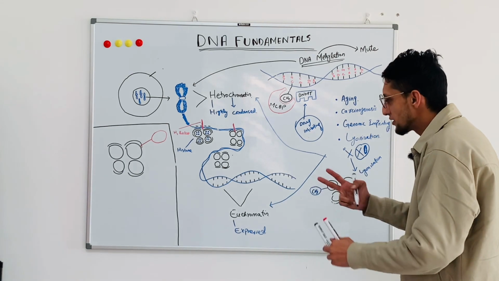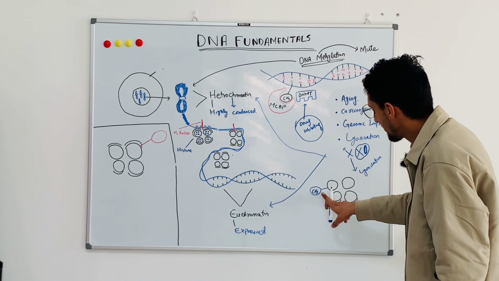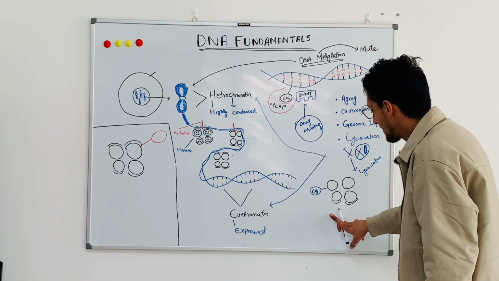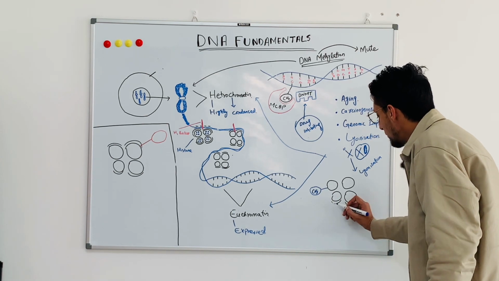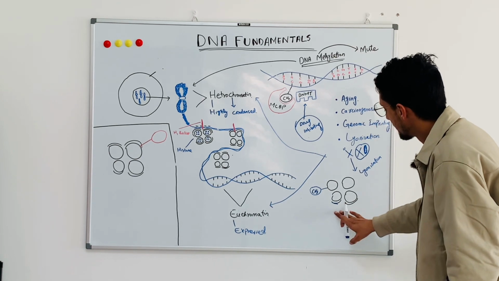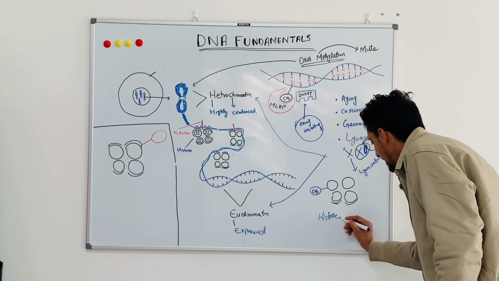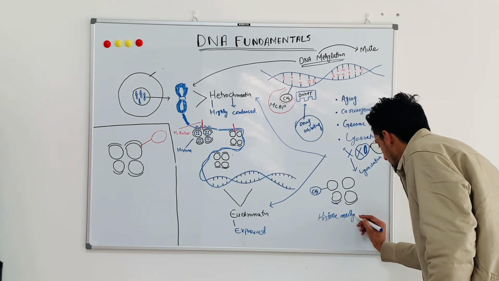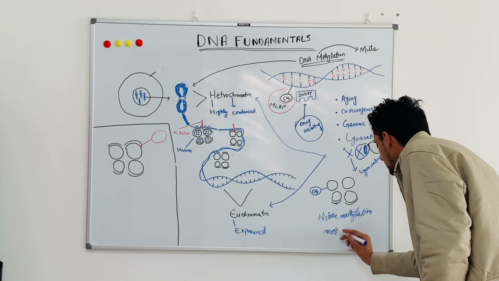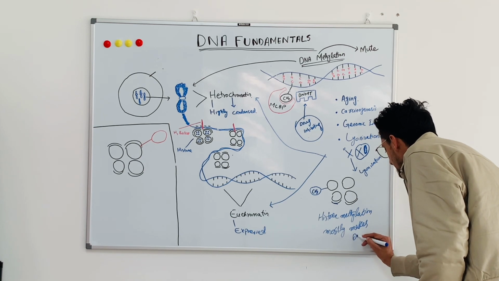So it does two processes: reversible transcription suppression, and the same process as DNA methylation. So we can use the terminology that histone methylation mostly makes DNA mute.